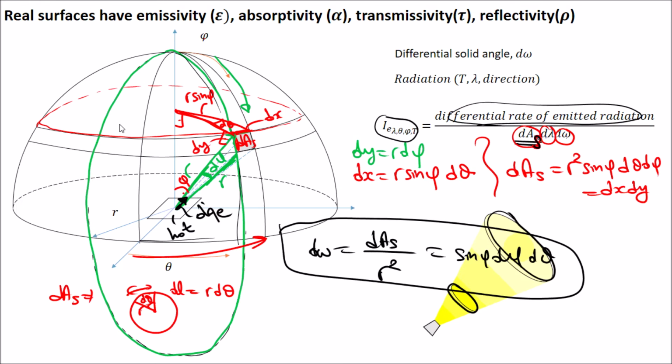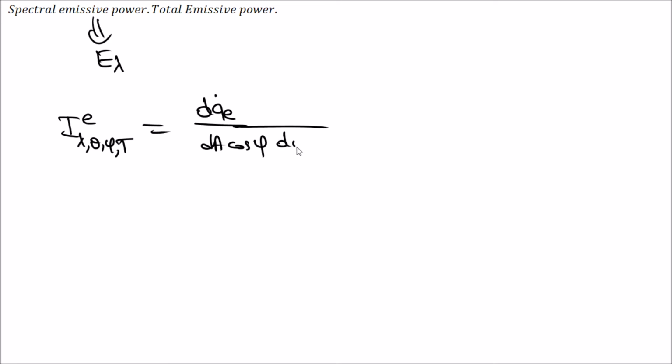To find the spectral quantity, I will introduce again the same thing here: I emitted, lambda, theta, phi and the T. That quantity is equal to dQe divided by dA_s, which is dA cosine phi, times d omega and times d lambda. And dE lambda is equal to dQe divided by dA, again the original area, times d lambda.